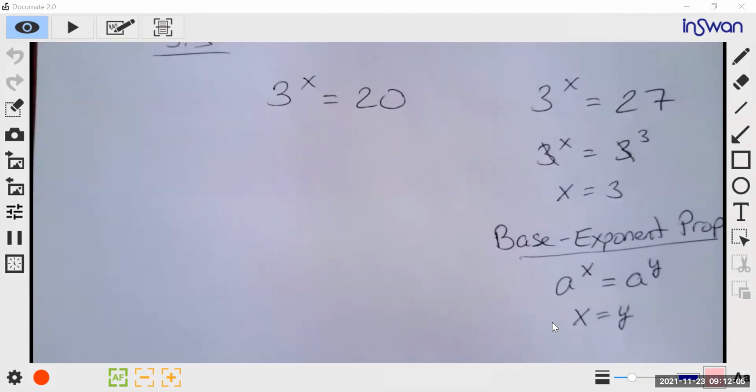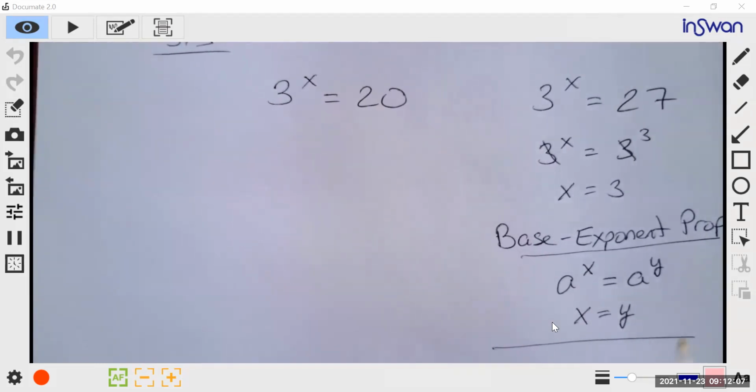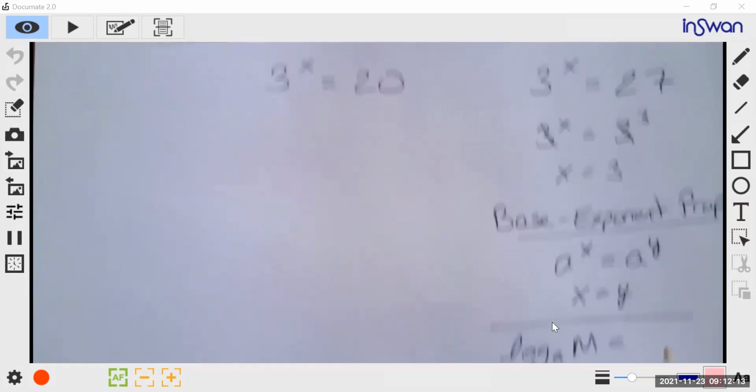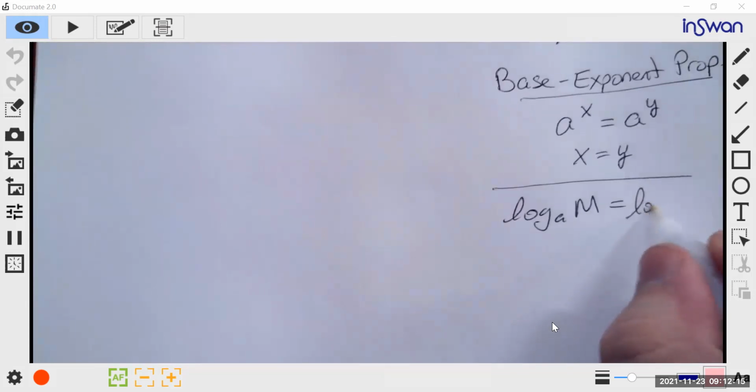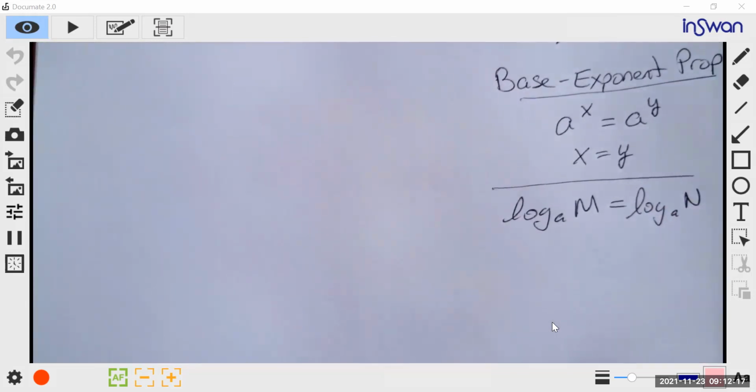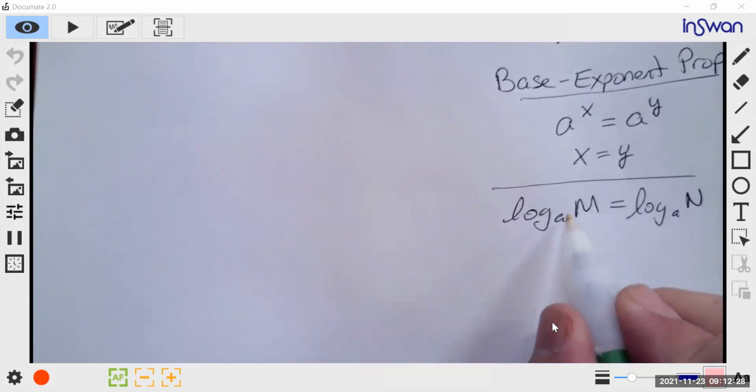Another property. Log base a of m equals log base a of n.